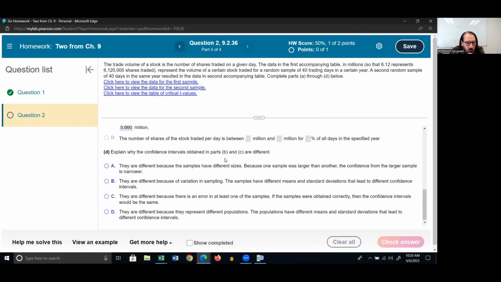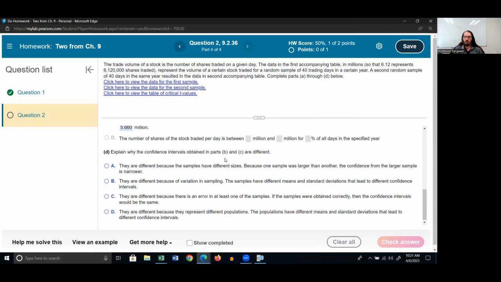Why are they different? Well, without even reading the options, we should expect this. We've got this overall population of all of the days that stocks are being traded during a particular year.